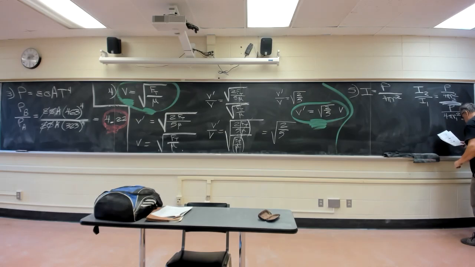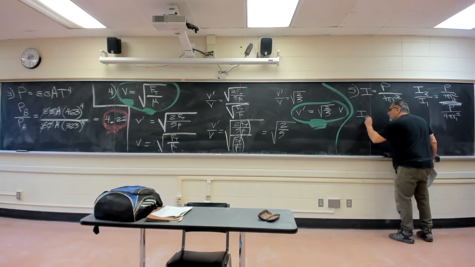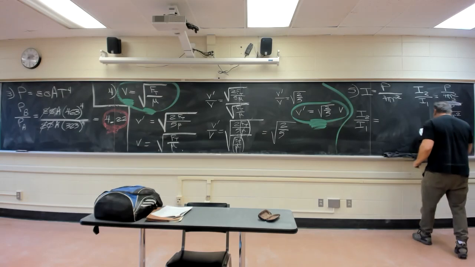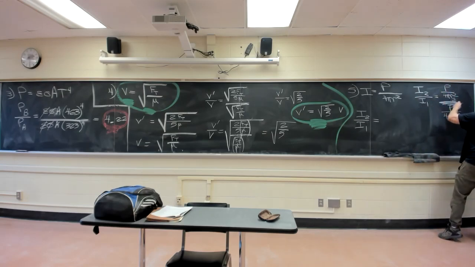When you do this, there's a lot going to happen here, guys. At the end of the day, this ratio, with all the cancellation, gets us to here. The P's cancel.